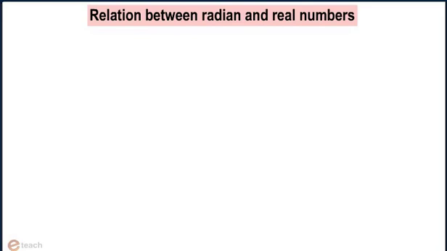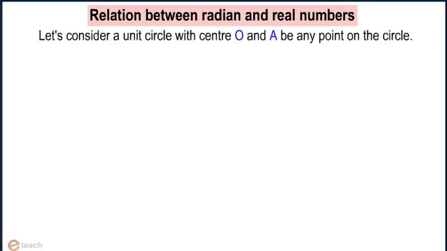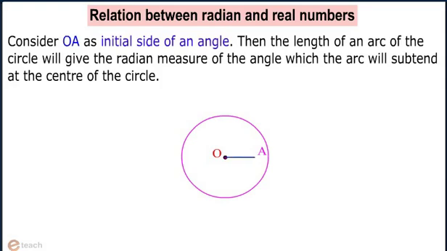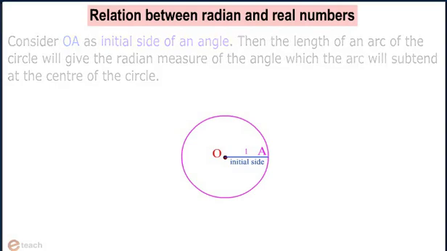Let us see the relation between radian and real numbers. Let us consider a unit circle with center O and A be any point on the circle. Consider OA as the initial side of an angle, then the length of an arc of the circle will give the radian measure of the angle which the arc will subtend at the center of the circle.